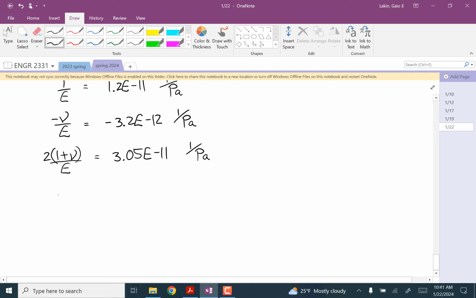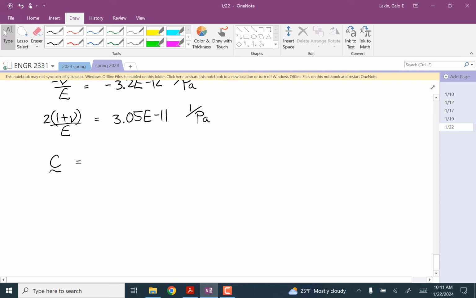And so this compliance matrix, I'm just going to put these values in, because then if you want to fiddle with this and check your calculator, you can. The compliance matrix is 1.2 times 10 to the minus 11, negative 3.2 times 10 to the minus 12, negative 3.2 times 10 to the minus 12, 0, 0, 0.